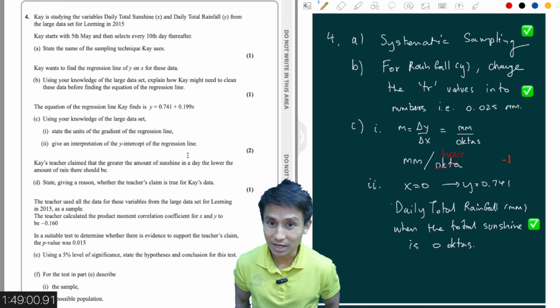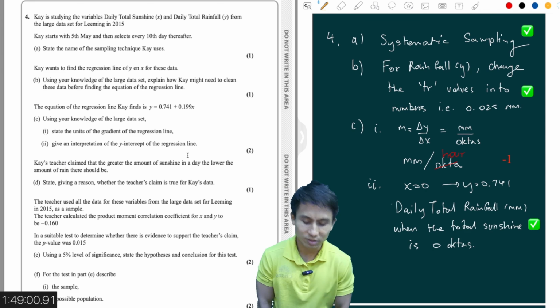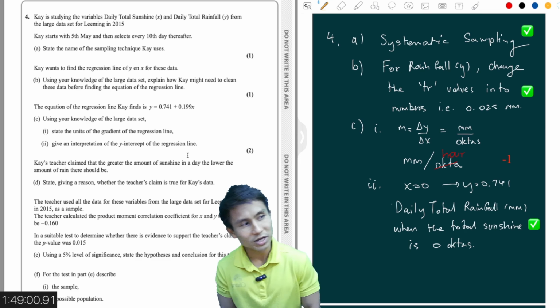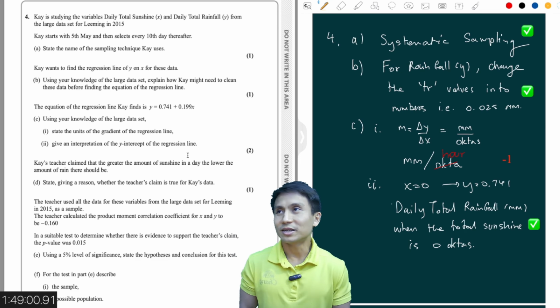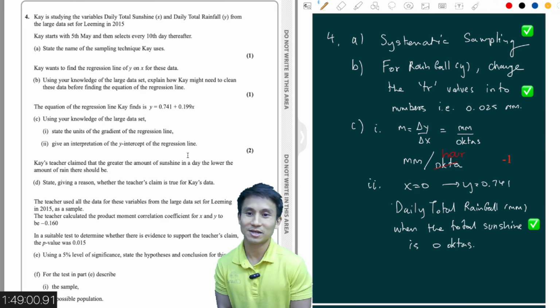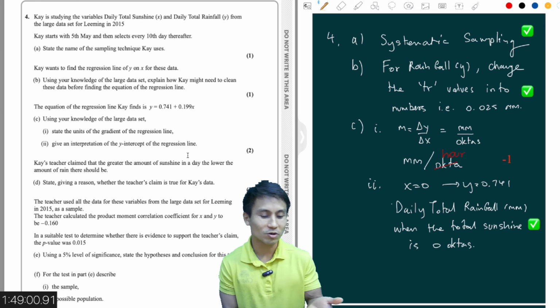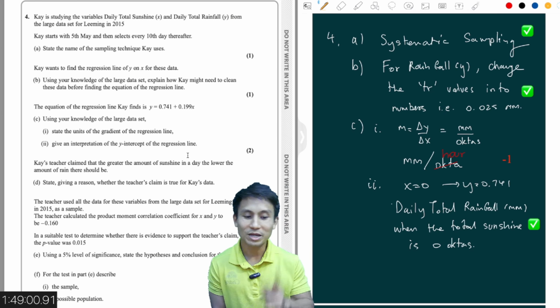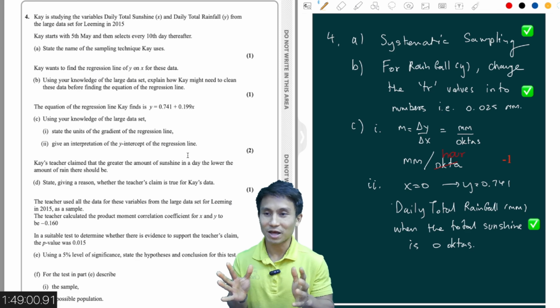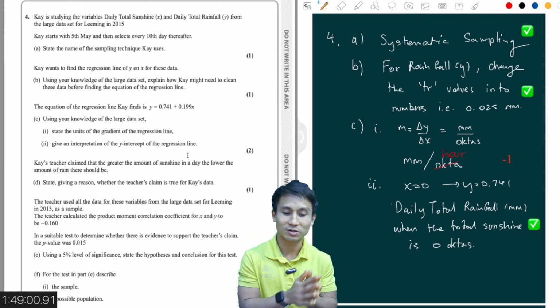So the cleaning, right? TR values in the spreadsheet mean trace amount. It's a very small amount, but I suggest 0.025 here because the TR value covers a range of 0 to 0.05.